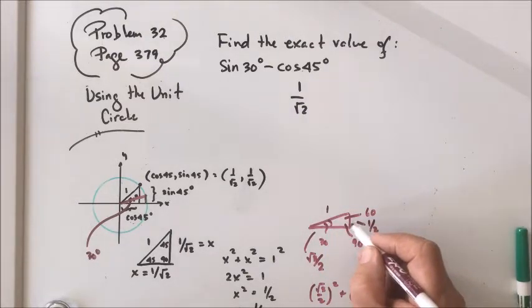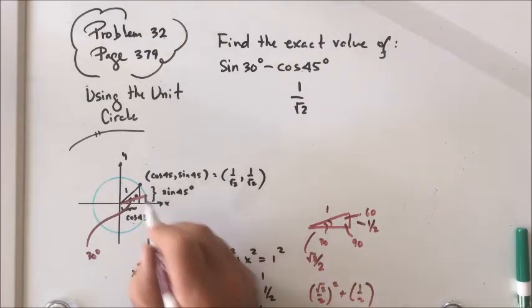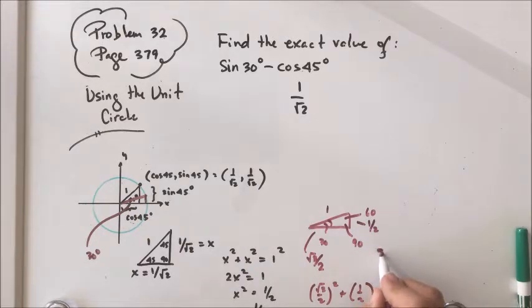So if that's the case, and if indeed this length is the sine, then the sine of 30 is equal to 1/2, and the cosine of 30 is the length of this side, which is root 3 over 2.